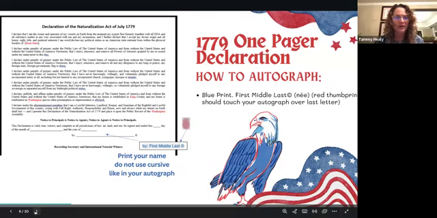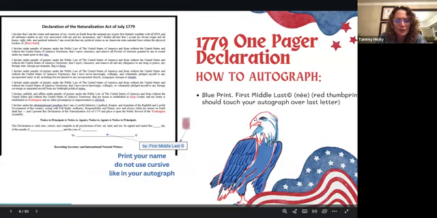All right, now how to autograph. This is the only document, by the way, where you are going to print your name. You do not autograph it with cursive. Right here in this lower part, it says print your name, do not use cursive. Like in your autograph.